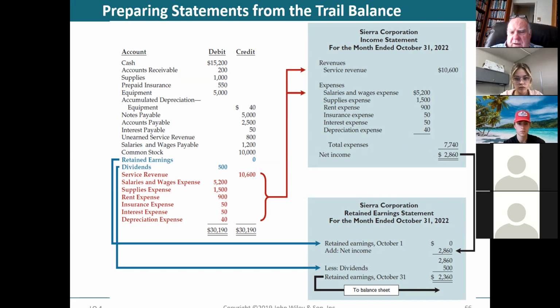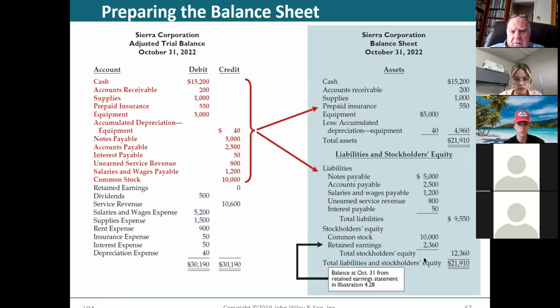Now we do the income statement first because we have to bring that 2,860 over to the retained earnings statement. Your beginning retained earnings was 0. You add the net income, you subtract the dividend, which you see right there, and now you have a new retained earnings number. You've done 2 of the 3 statements. Now we're ready for the balance sheet.